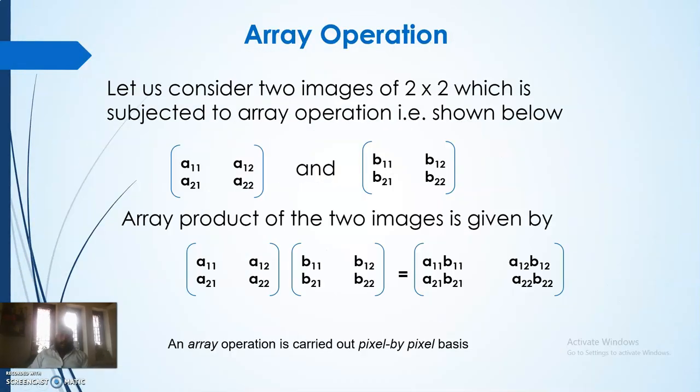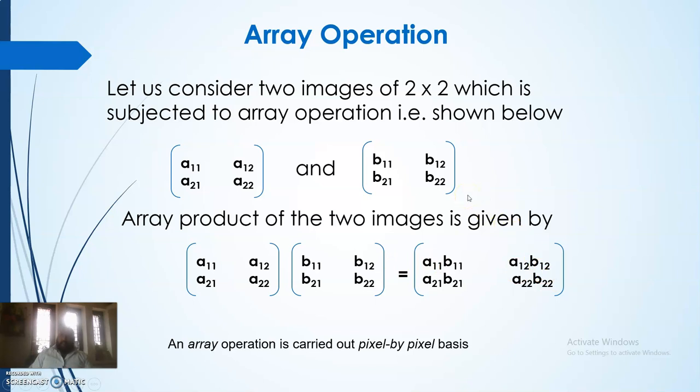First we can see array operation. To have an understanding, we can take two images of 2 cross 2 size. Carrying out array product, we will be getting the following output. Actually in array operation, pixel to pixel basis of operation is carried out.